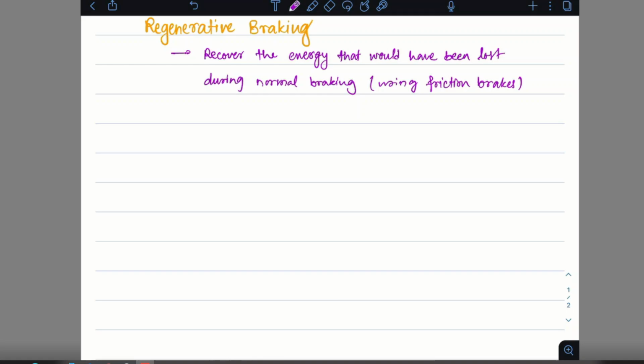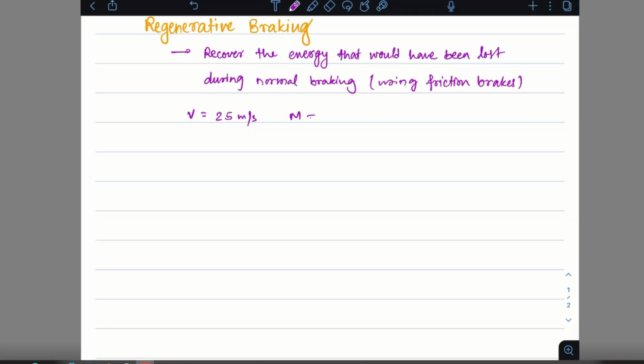Okay, so say if my vehicle is traveling at 25 meters per second speed, and I have a truck with a mass of 16,000 kilograms. The kinetic energy of the vehicle would be half into m into v square.